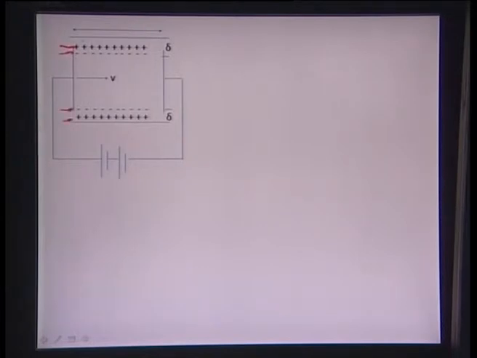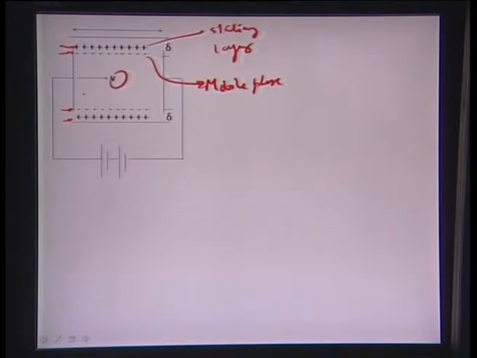One is a stationary layer, which is the positive layer in this case. So, this is essentially the stationary layer of charges, and the other is a mobile phase, which is the negative charges in the solution. So, whenever there is a fluid flow by means of a pressure, this positive layer being stationary and the negative layer being mobile, they move relatively with respect to each other.